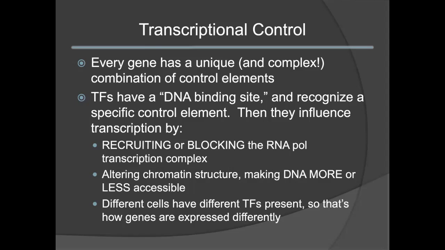They can recruit or block RNA polymerase from binding and accessing the DNA. This can be done by forming a transcription complex. Transcription factors can also work in altering chromatin structure, making DNA either more or less accessible to transcription and translation. Finally, different cells can produce different types of transcription factors. This is an important step in being able to, once again, have differential gene expression.